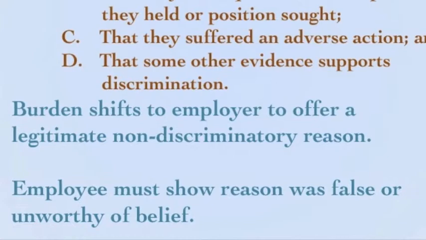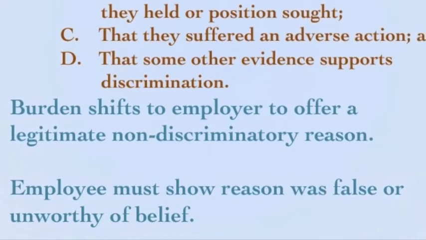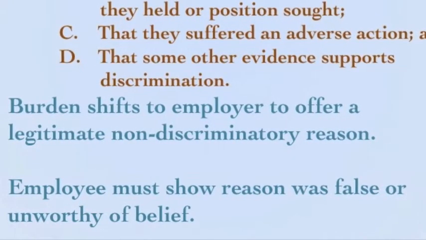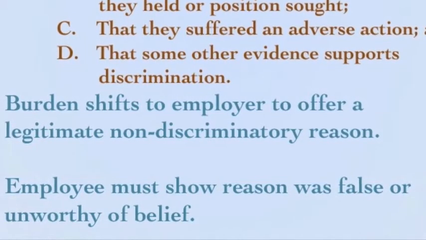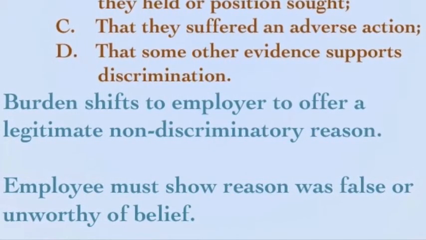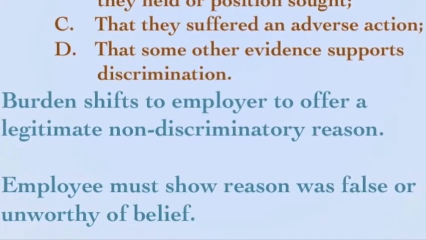Because if the employer comes up with that legitimate non-discriminatory reason, the burden shifts back to the employee, and the employee must offer evidence that that alleged legitimate non-discriminatory reason is in fact false. It's pretext. It's not worthy of belief, and therefore the employer's house of cards falls down, so to speak.